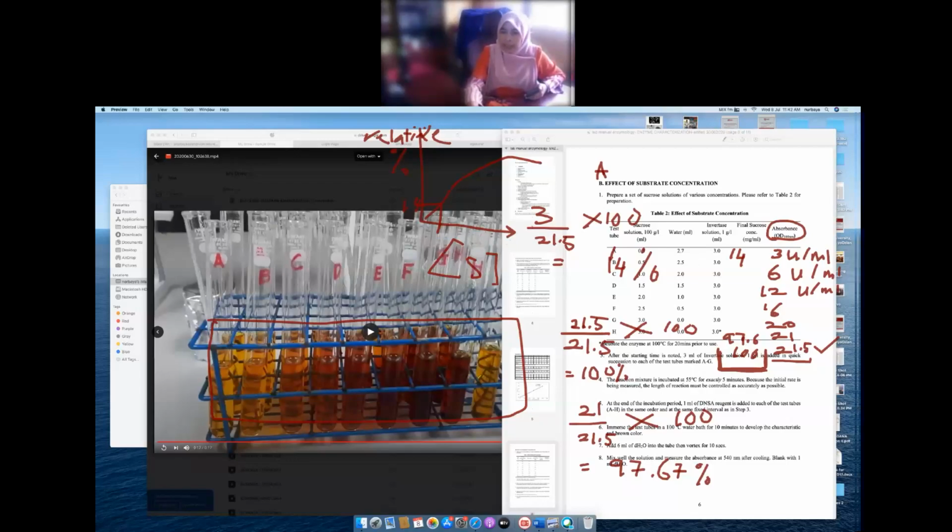Towards the end, these two tubes will not give you much difference because it has reached the maximum velocity, the Vmax.